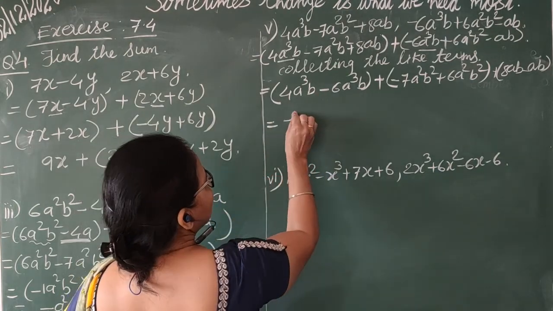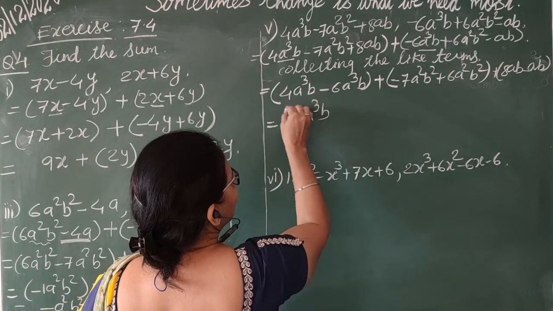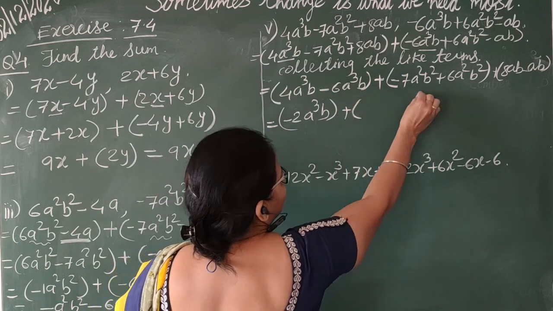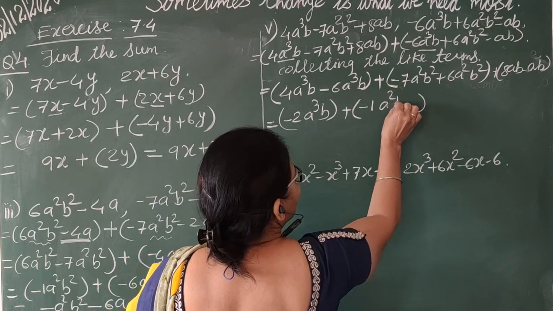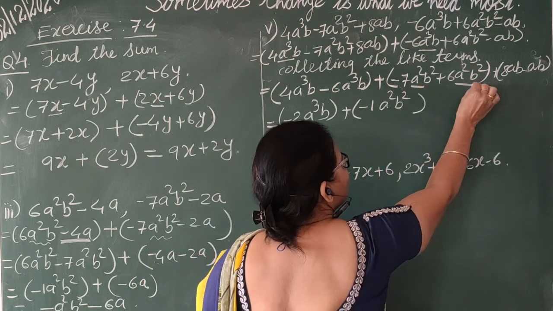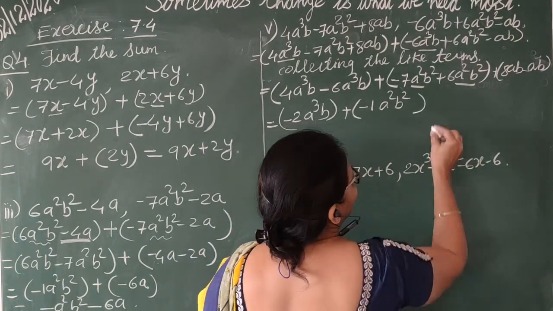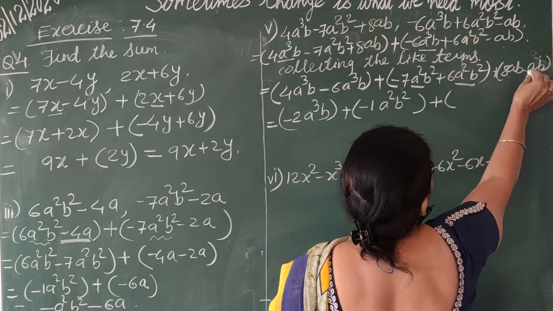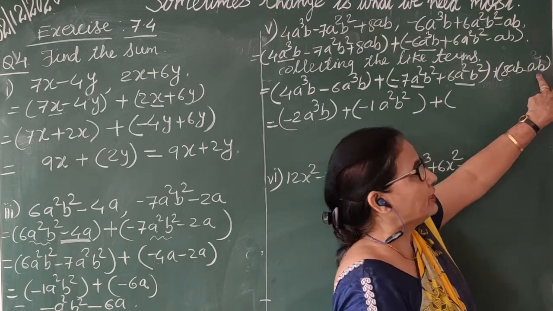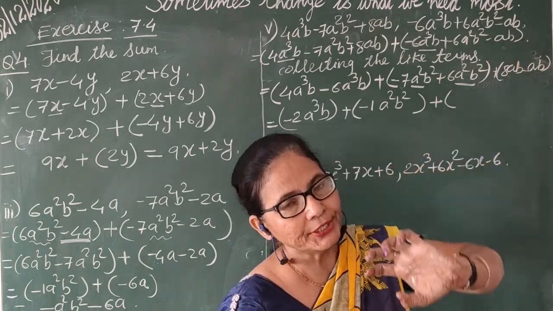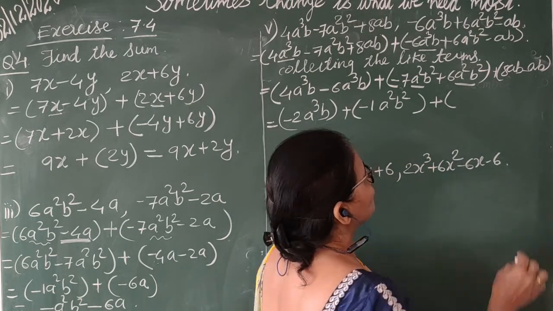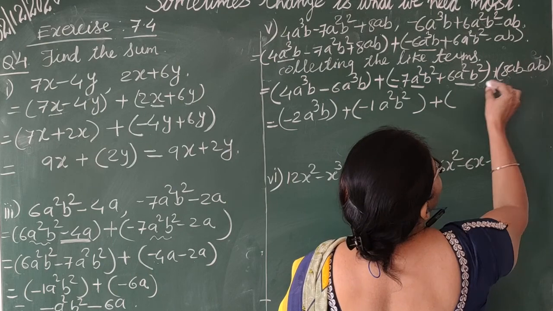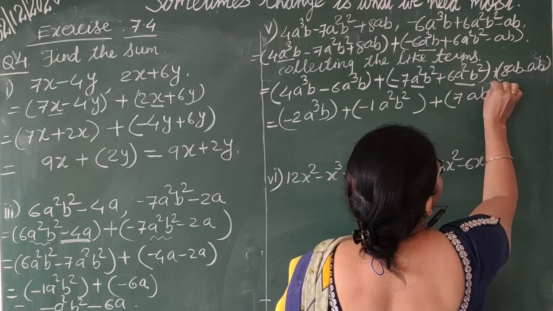So it will be minus 2a cube b plus here minus 7 plus 6 is minus 1 a square b square. This remains as it is one time. Plus 8ab minus ab. Now with ab there is no coefficient. I already told you children, if there is no coefficient, what is there? 1. So 8ab minus ab is equal to 7ab.